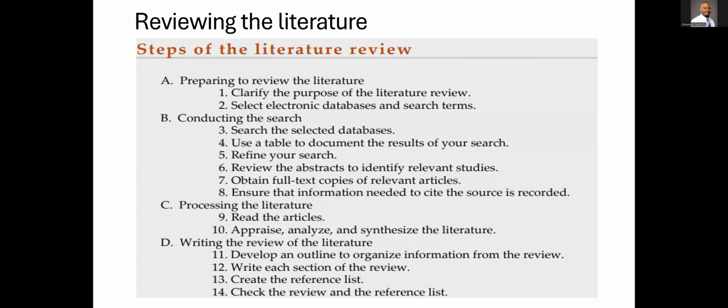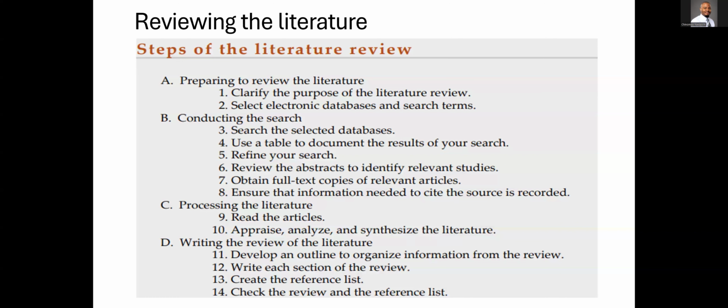Now, you will identify the articles that seem to be the most relevant to your topic and the purpose of the review. Because if you have 1,000 papers that you have retrieved, you cannot read all of them from A to Z to determine if they are relevant. Most times, you will look at the abstract to see, maybe this will be relevant to my work. Okay, then you keep it.